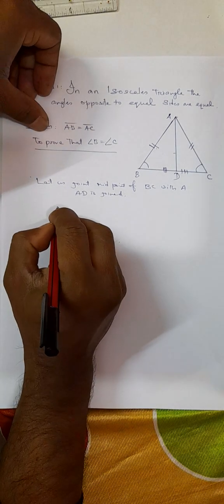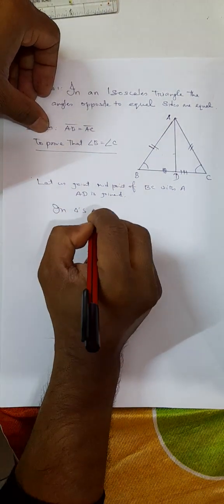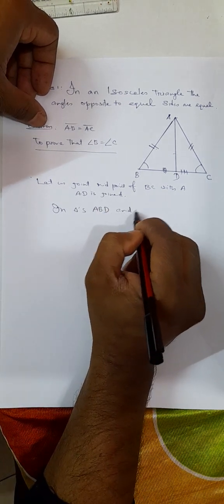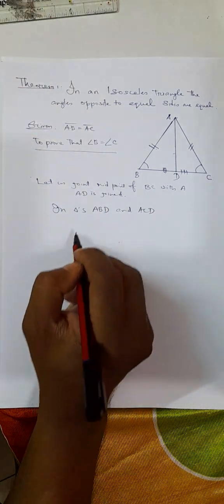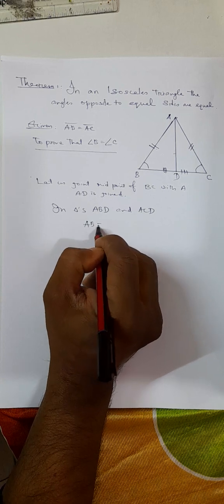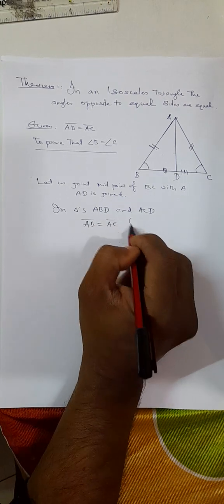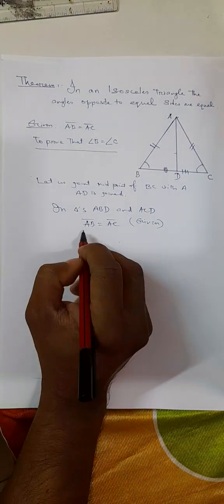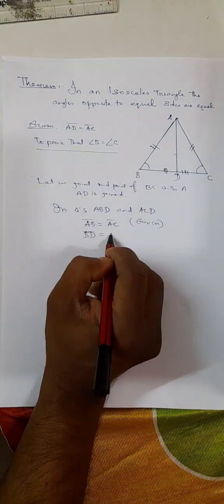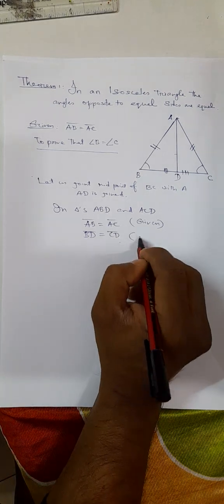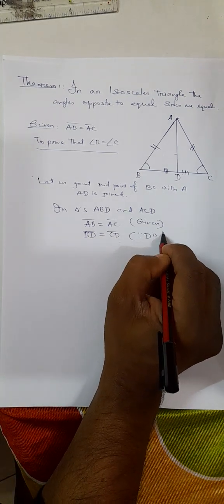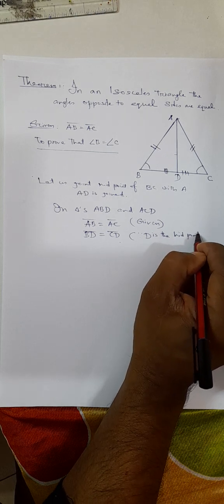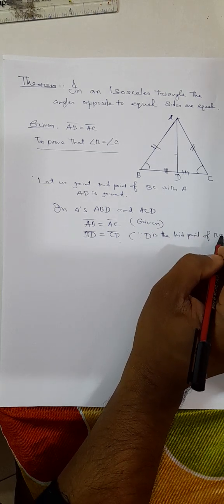So in triangles ABD and ACD, we find that AB equal to AC, this is given, right? Then BD equal to CD, since D is the midpoint of BC.